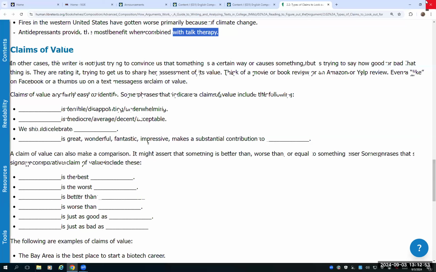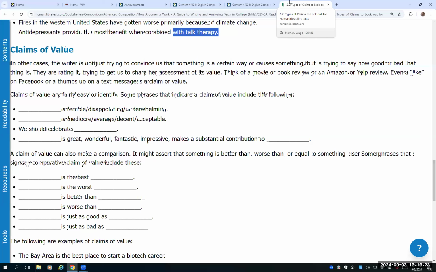which can be kind of tricky because back on number 1, when we see the word should in claims of policy, it's a claim of policy if it's saying we should, and then it follows it up with some kind of action.